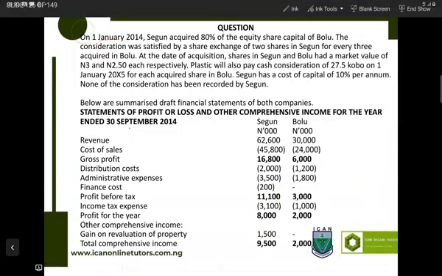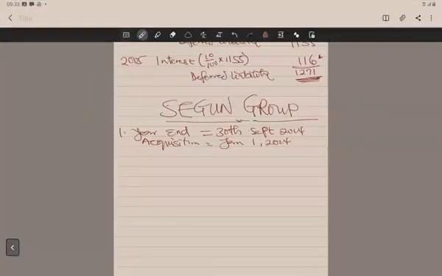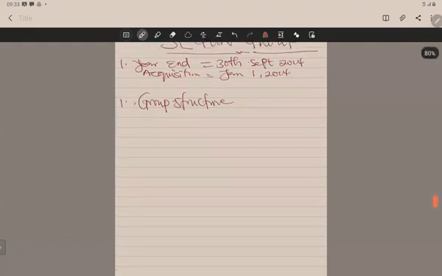Is that taken? So draw your group structure. Your group structure should be what? Segun acquired Bolu. Now put the date, 1/1/2014.